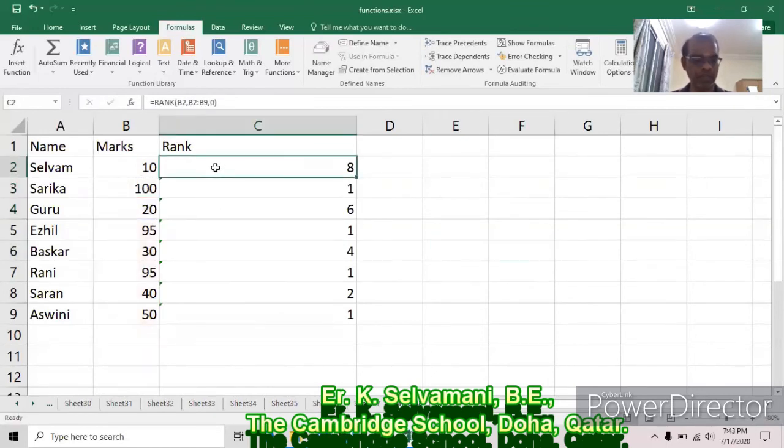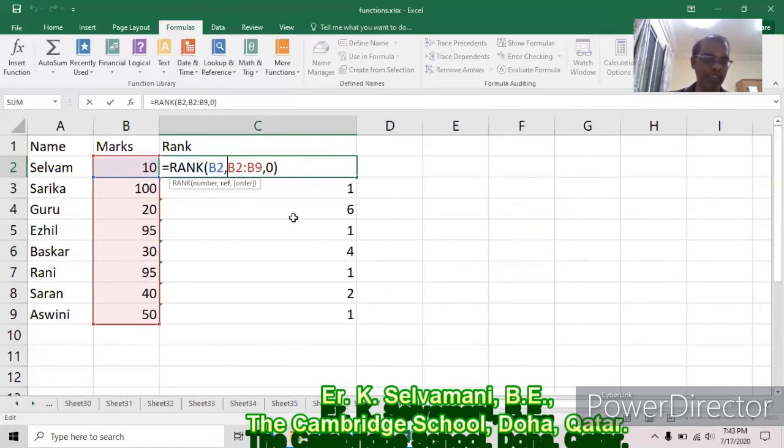Since it is given as a relative cell reference, it is also a relative cell reference. This value B2 changed as B3. This B2 colon B9 changed as B3 colon B10. It should not change, so we have to change it to an absolute cell reference.